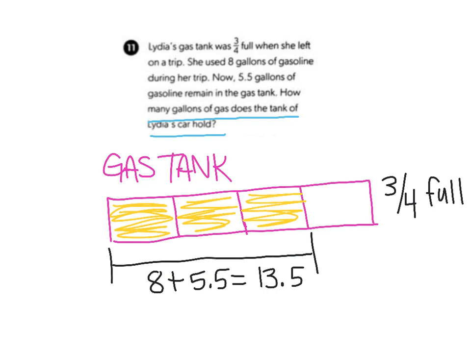If I want to know how much these segments are that equal a total of 13.5, I would just divide this by 3, and then I know every one of these increments of the gas tank is equal to the same quantity, and I can just do 4 of them. If I set up a dividing problem, 3, because 3 of the parts have gas in it, 3 divided into 13.5.